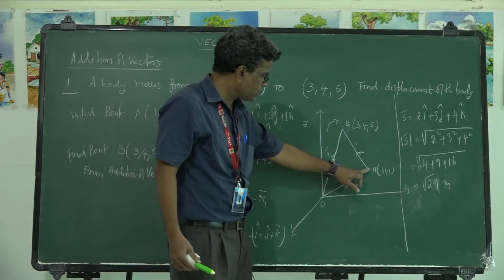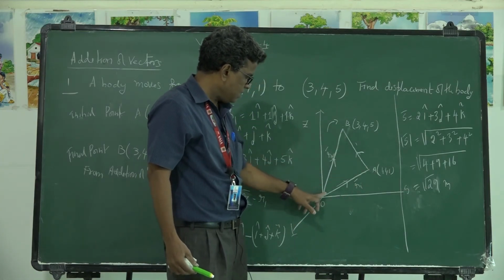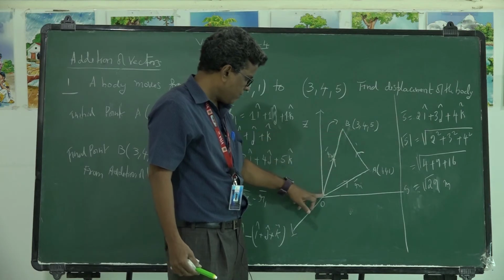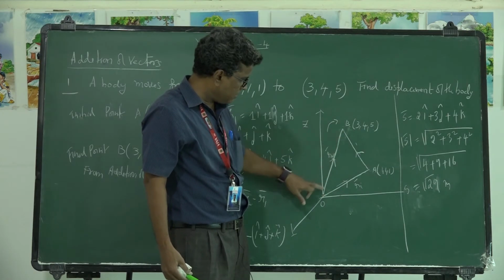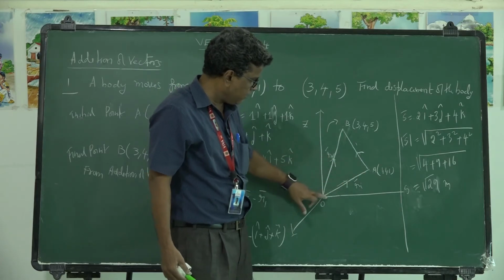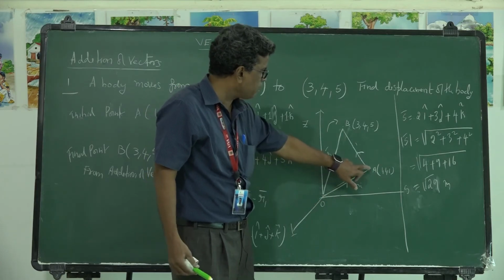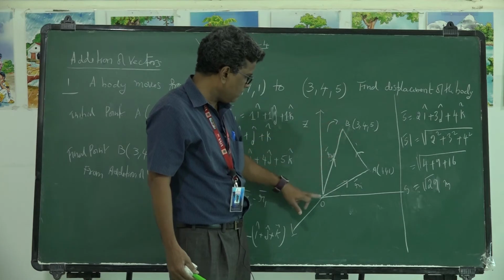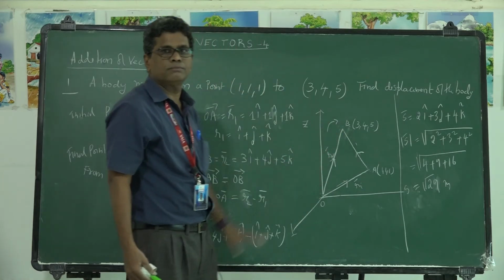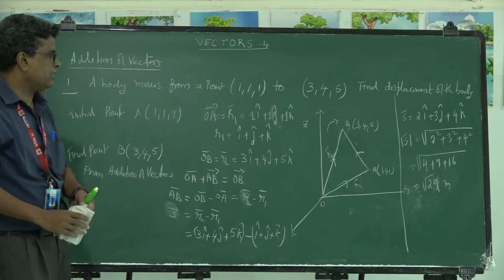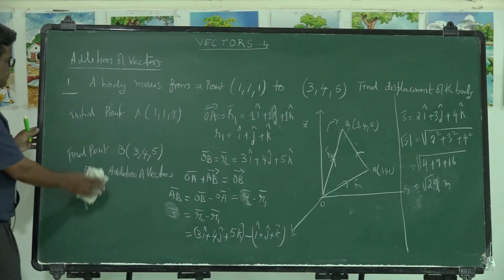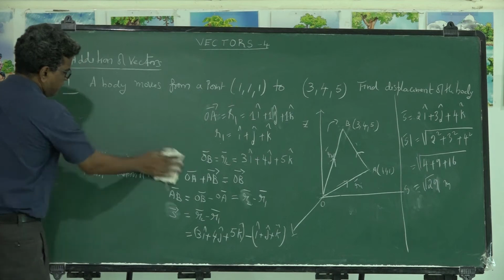Draw the first 2 vectors as they are and draw the third vector from the tail of the first vector to the head of the second vector, which gives the resultant of these two, that is OA bar plus AB bar is equal to OB bar. This is from geometrical addition of vectors. This is the first method.